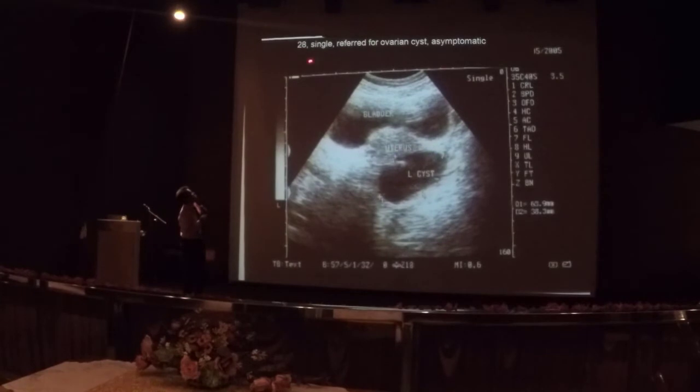One other example, a 28-year-old lady, single, referred for ovarian cyst, asymptomatic. So you can see on basically the coronal view, uterus, and some hypoechoic unilocular cystic lesion on the left side of the adnexa, measuring 6.3 by 3.8 centimeter.